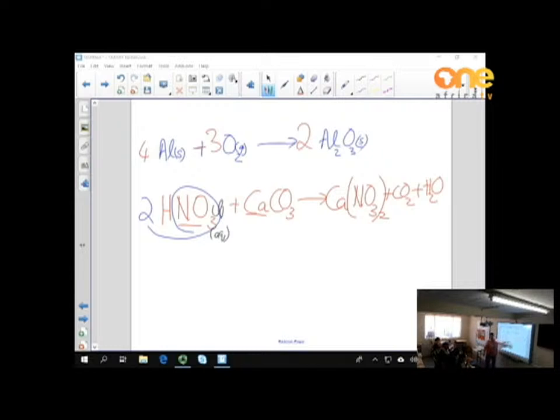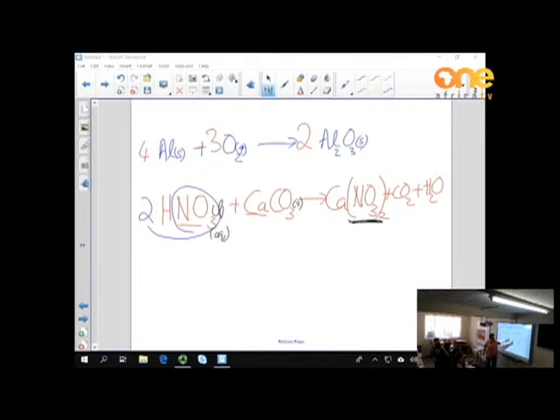Then calcium carbonate, it's a salt. So solid, liquid, or gas? Solid. Has to be a solid. Okay, now calcium nitrate. This is a salt, but we are working in a watery medium. Now, something very useful to remember, and we'll have a look at solubilities a little bit later on, but all nitrates, anything that's bonded onto a nitrate is soluble.